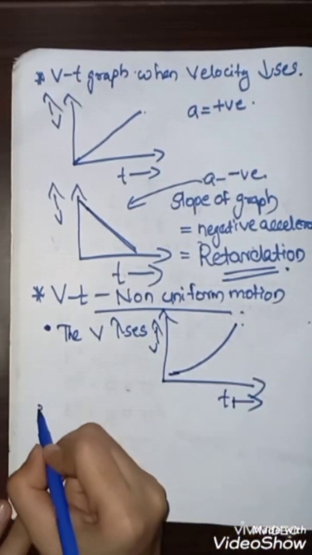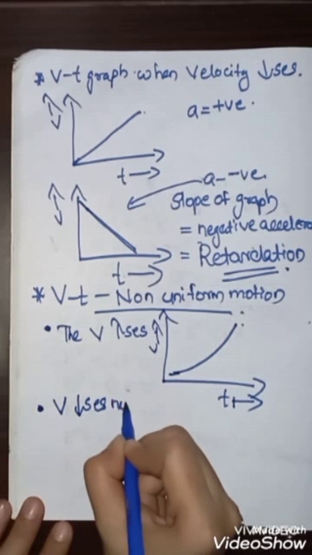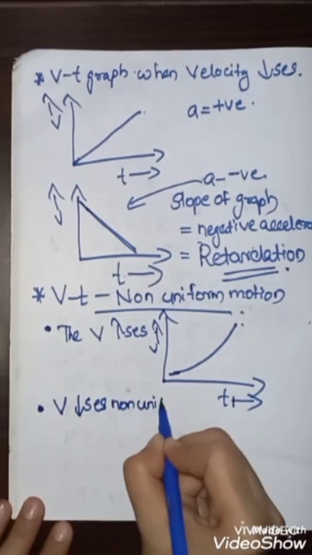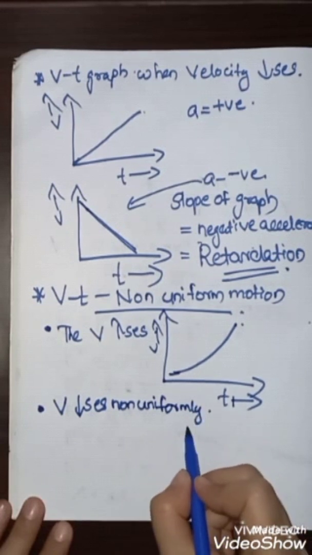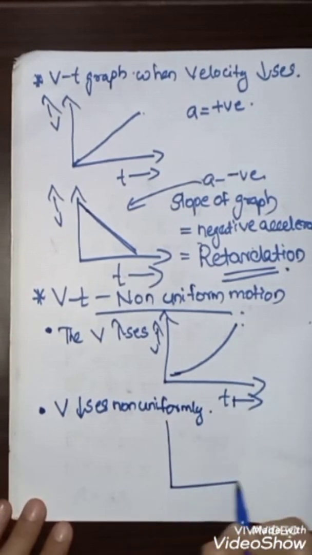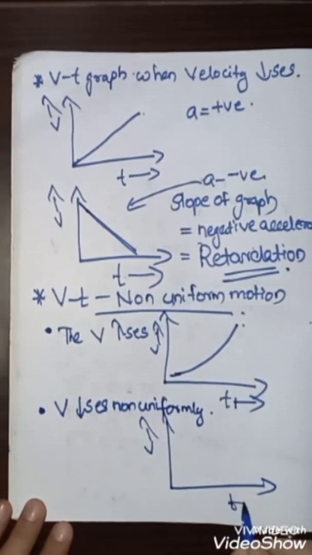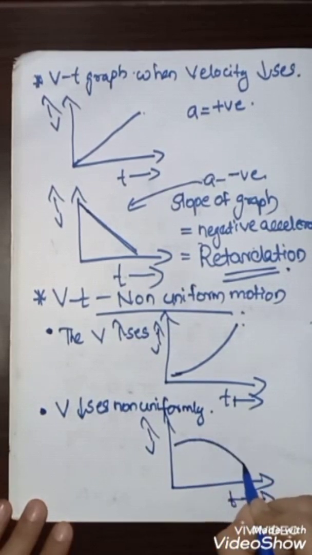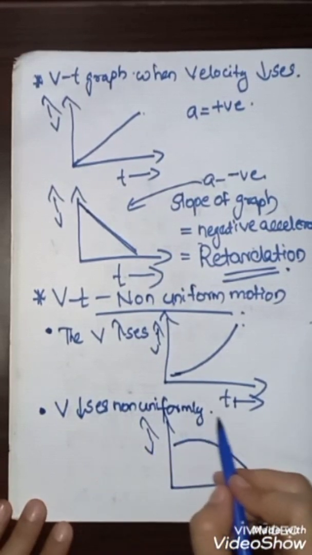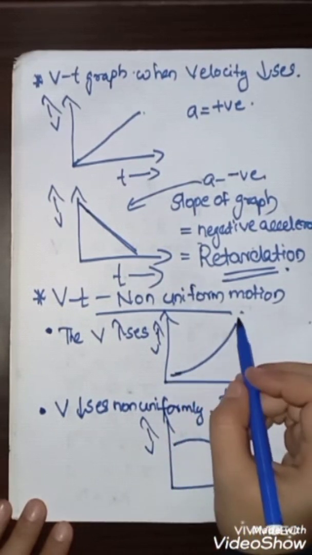In the next graph the velocity decreases non-uniformly. In that graph, the graph will be like this. Here the velocity decreases non-uniformly, here the velocity increases non-uniformly.